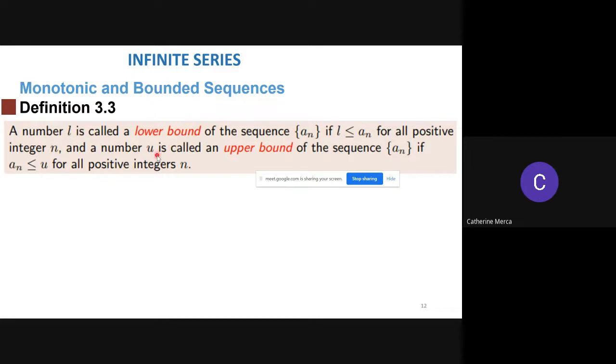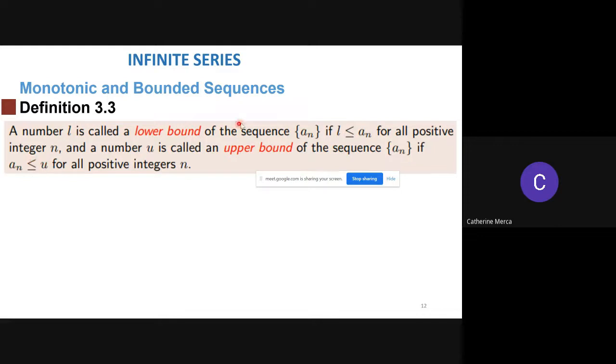Okay? But, a number u is called an upper bound of the sequence if a sub n is less than or equal to u for all positive integers n. That is, if u is an upper bound, it is bigger than any element of the sequence. Greater than or equal to, it can be equal. Exactly equal, it is still an upper bound.